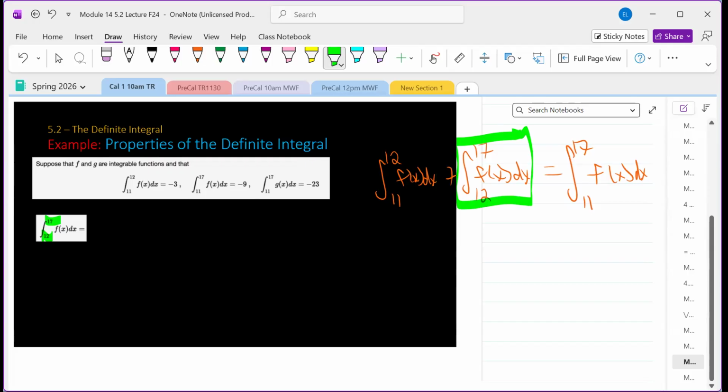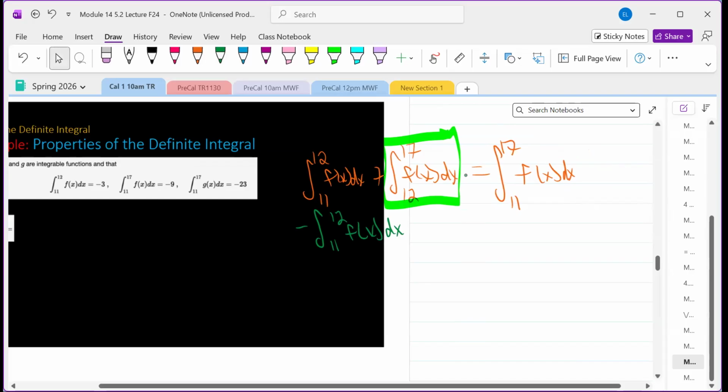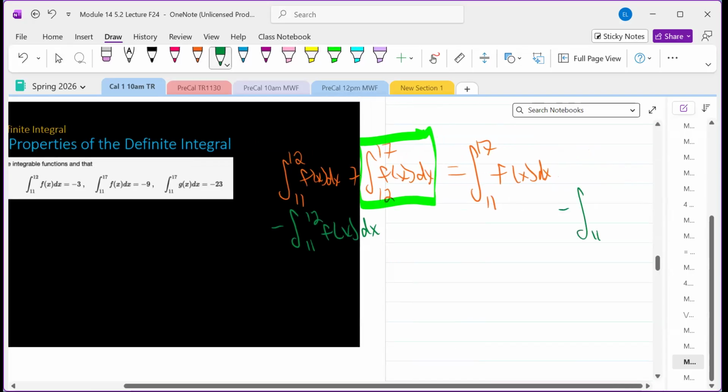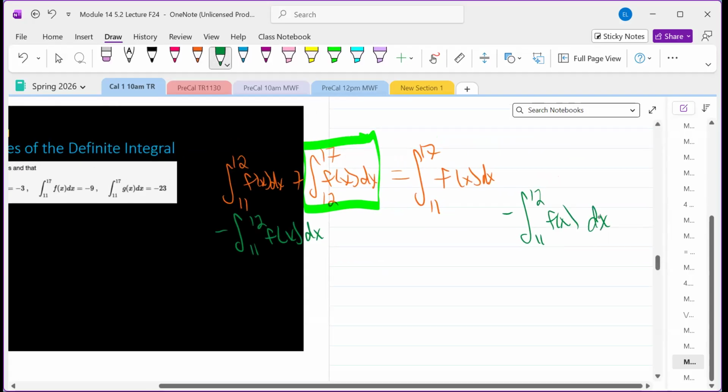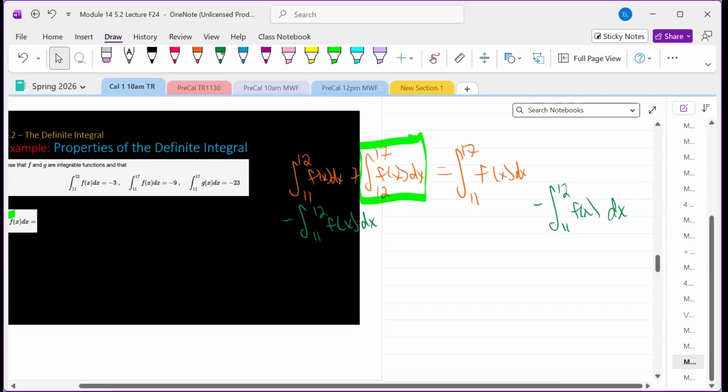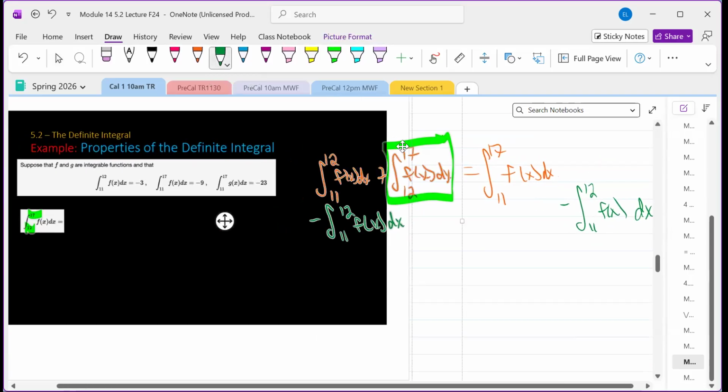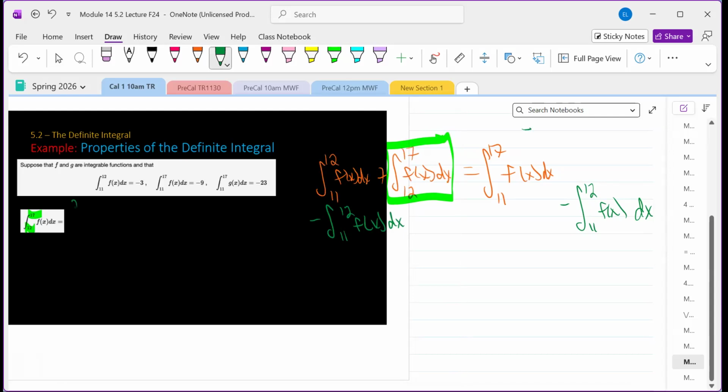So I'm going to subtract over my 11 to 12 integral. So this gives us the setup that the integral from 12 to 17 is the same as the integral from 11 to 17 minus the integral from 11 to 12.